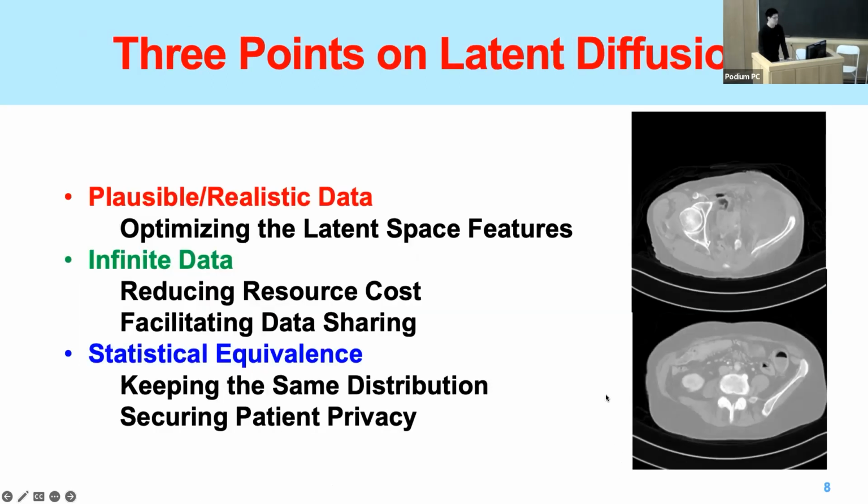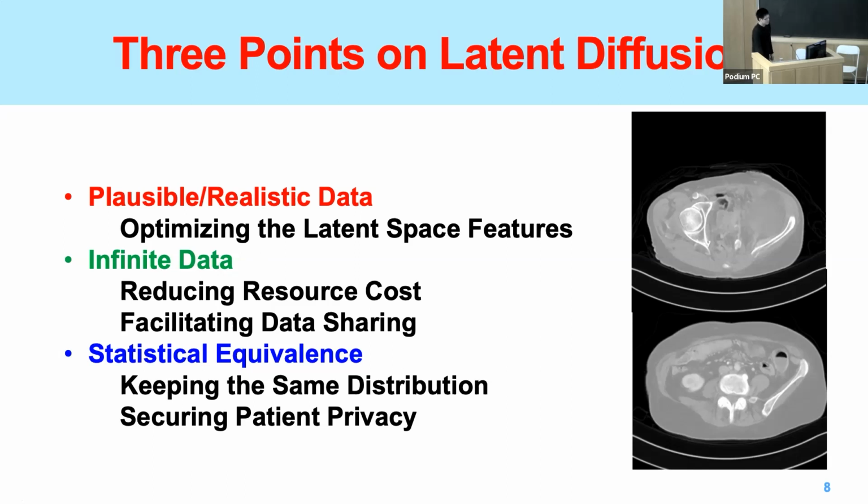The latent diffusion model also synthesizes some unrealistic data like these 2 images. However, we demonstrated that these kinds of images have limited influence in denoising tasks. And also, I think we can solve this problem by optimizing the latent space features.